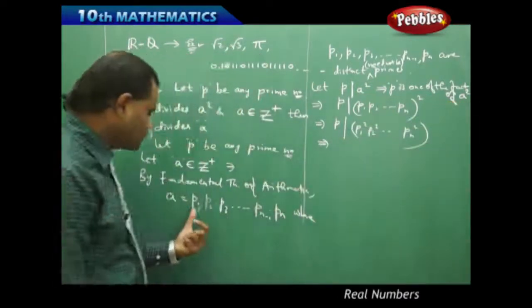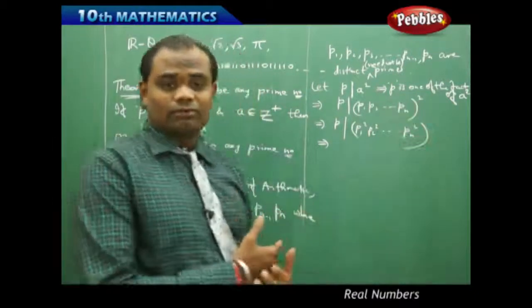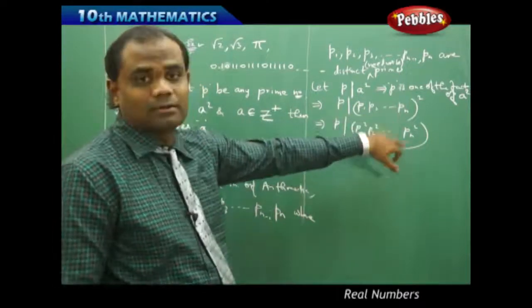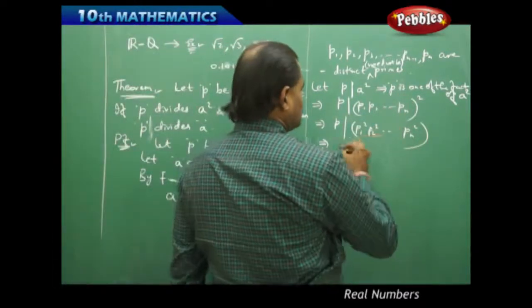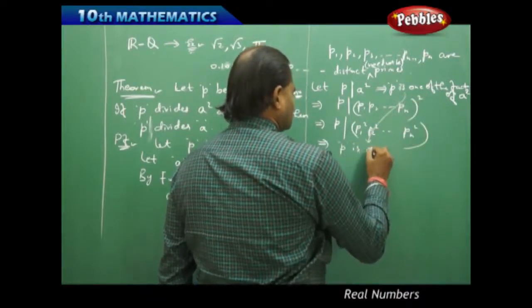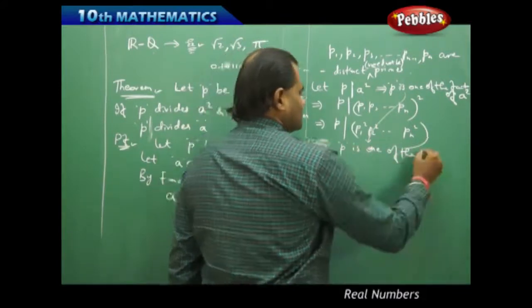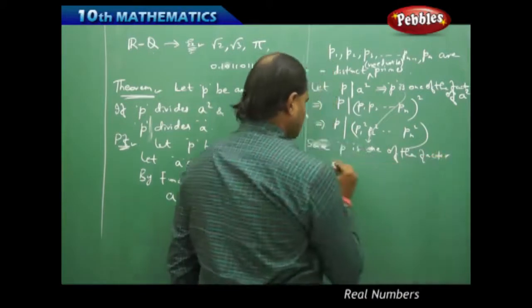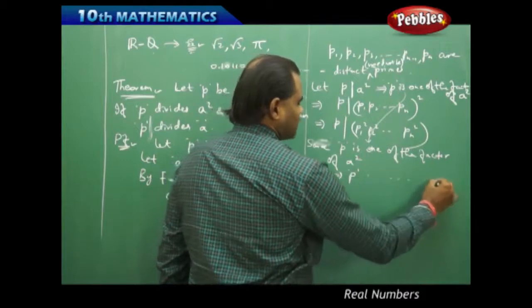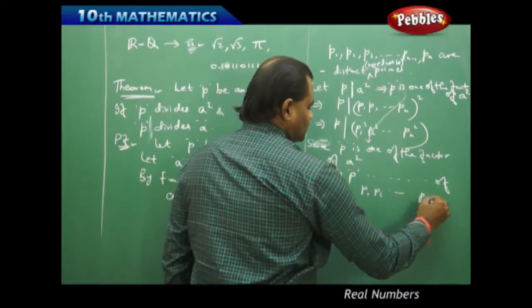But a square is already made of the factors p1, p2 till pn, so this p must be one of p1, p2, p3 or pn.